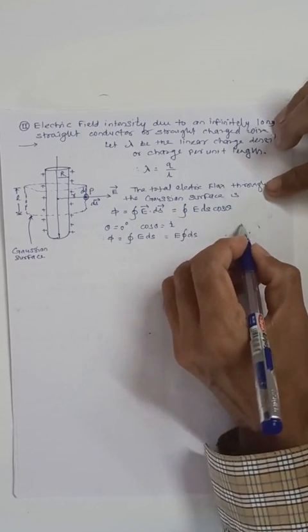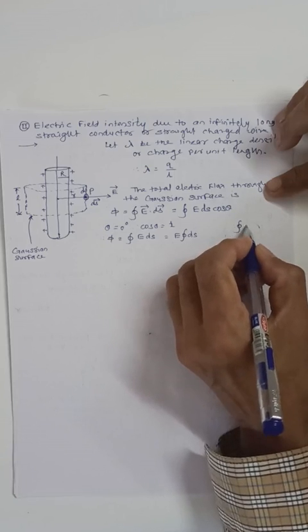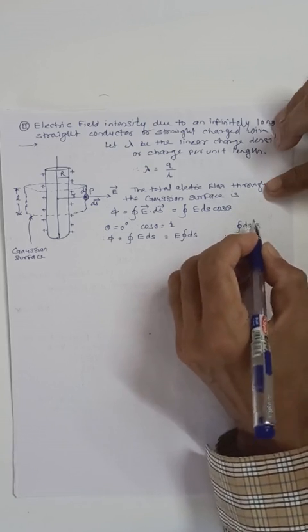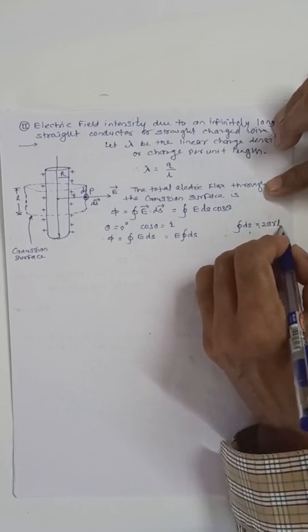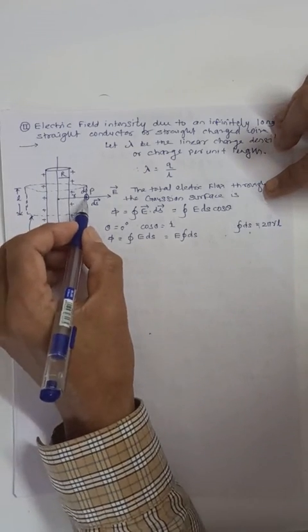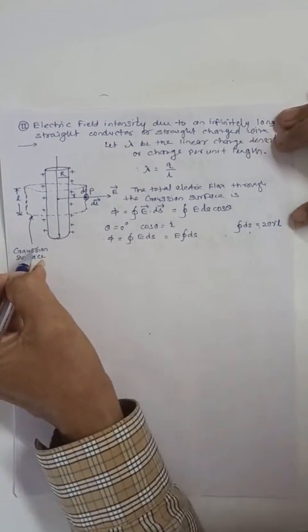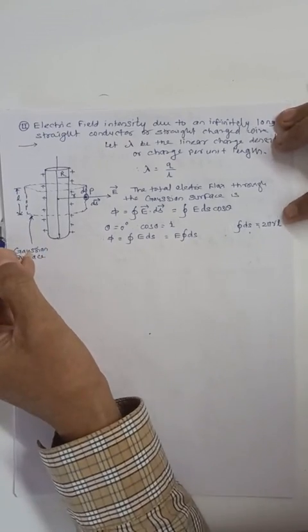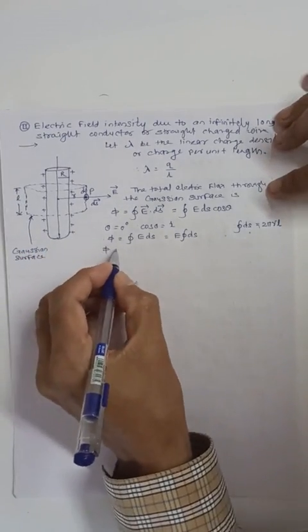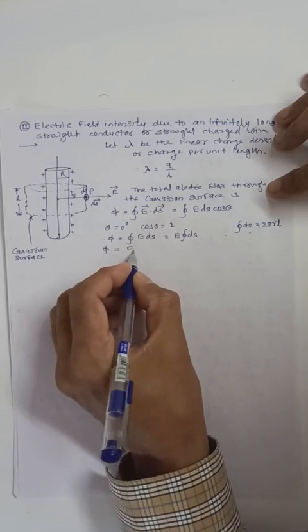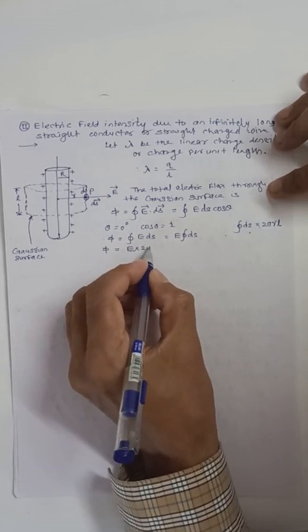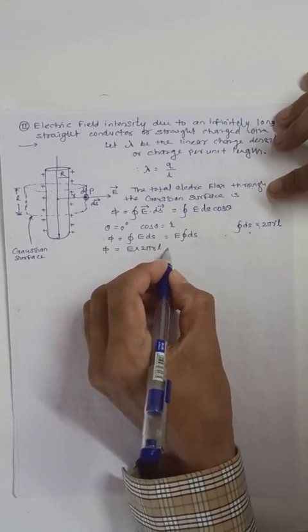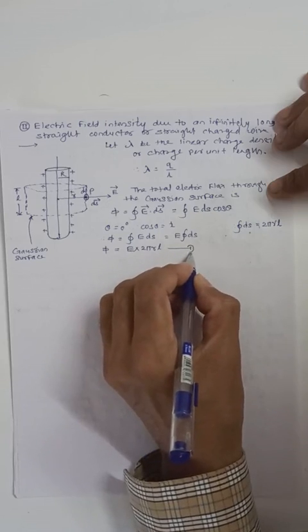Here closed integration of vector ds is equal to 2 pi r L, where r is the radius of the Gaussian cylinder and L is the length of the Gaussian cylinder. So phi is equal to vector E into 2 pi r L. This is equation 1.